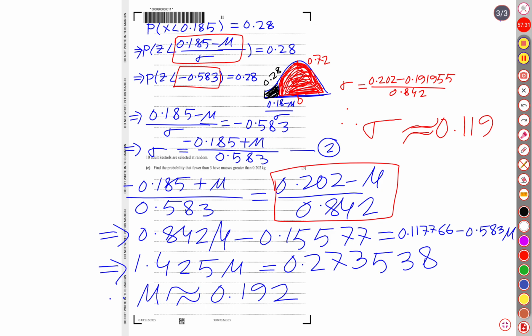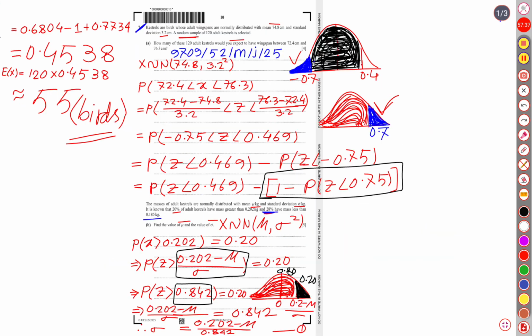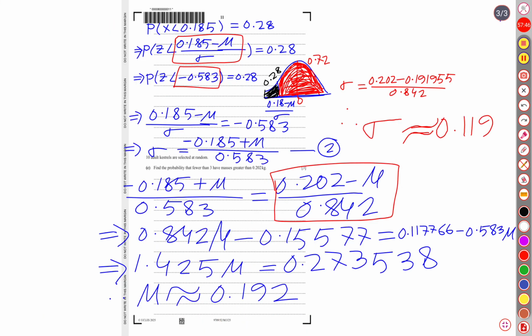So this is how we will solve this question. Let me show the previous page. The lower part of this page contains the previous part of the solution, and the final part of the solution lies over here.